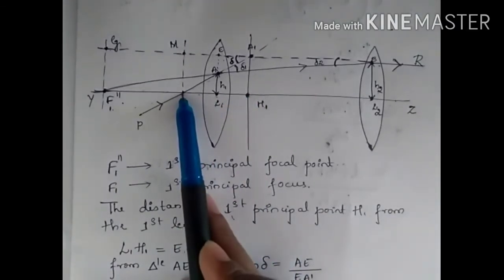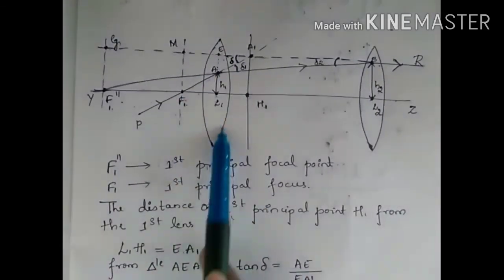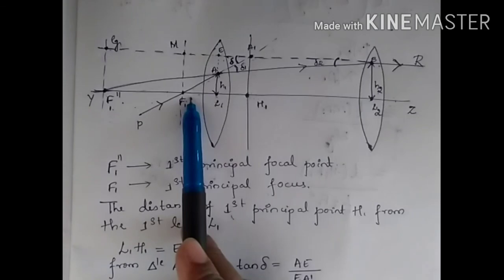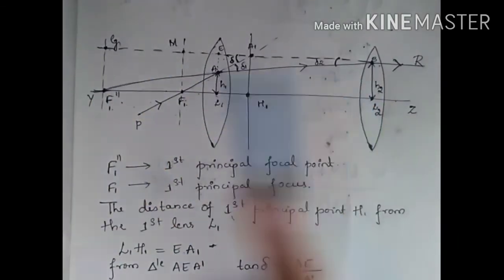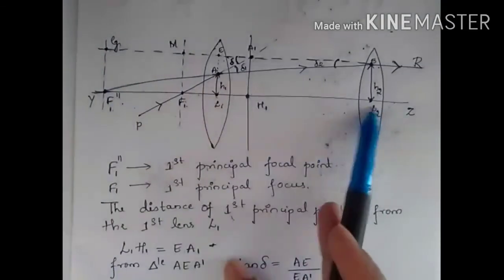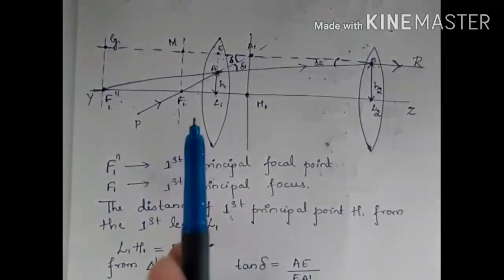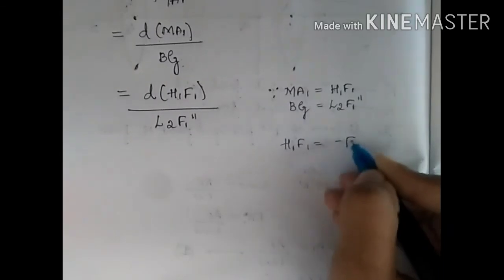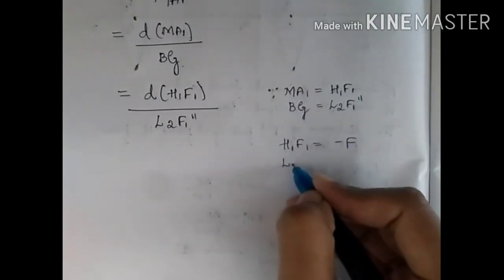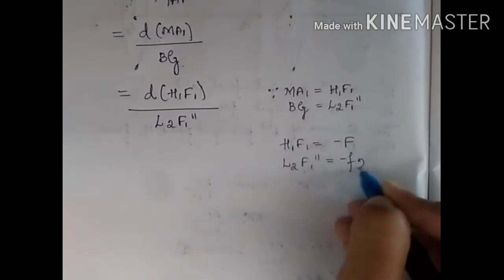And since this point is on the left of the lens, we can take this as a negative F, and this L2 F1 double prime is the focal point of the second lens, that can be written as F2. So let me write here L1 F1 is equal to minus F and L2 F1 double prime as minus F2.